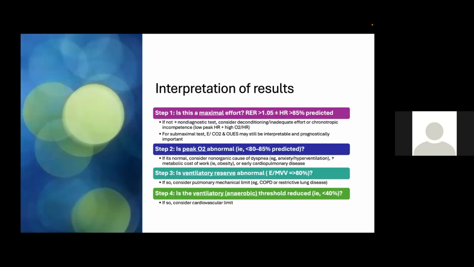So in the interpretation of the results, we should have steps, just to have a systematic approach for reading the CPET reports.